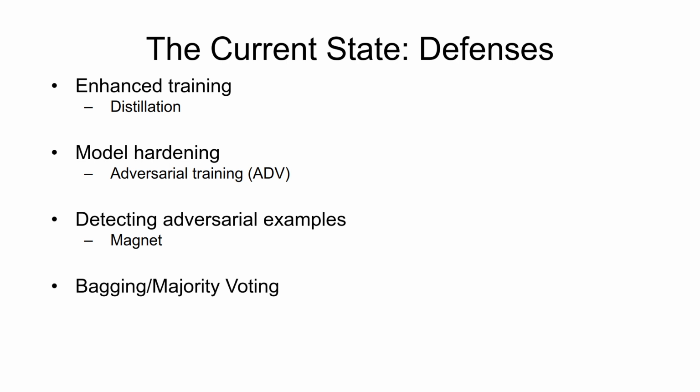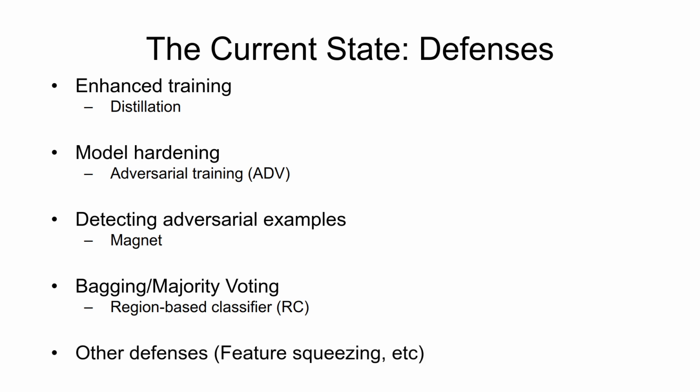We can also use a region-based classifier to generate multiple small variants of the benign image and use majority voting to make a prediction. In this paper, we do not include other defense mechanisms such as feature squeezing.